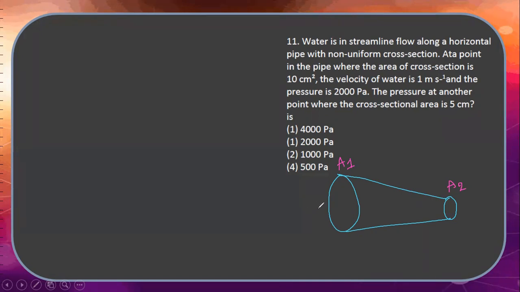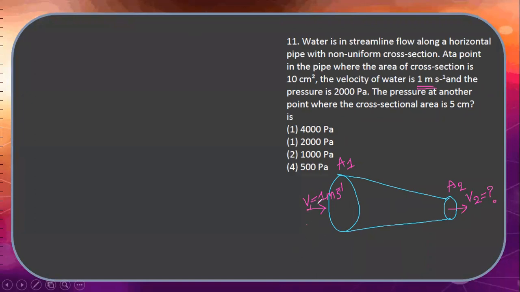Velocity at this end is given as V equal to 1 meter per second. The velocity at the other end we don't know. First we have to calculate this.